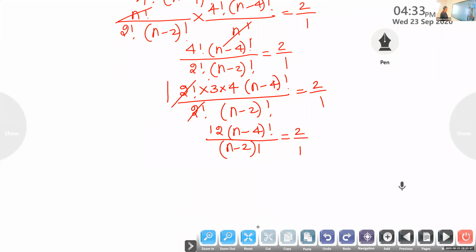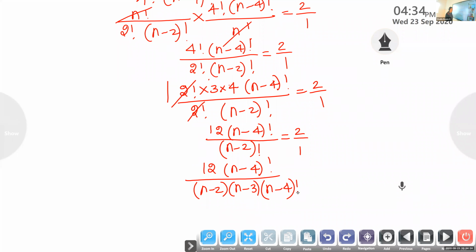Now look at these two numbers, n minus 4 and n minus 2. Which is bigger? n minus 2 is bigger, so express the bigger one in terms of the smaller. In the numerator, 12 into (n minus 4) factorial stays as such. In the denominator, (n minus 2) factorial we can write as (n minus 2) into (n minus 3) into (n minus 4) factorial.